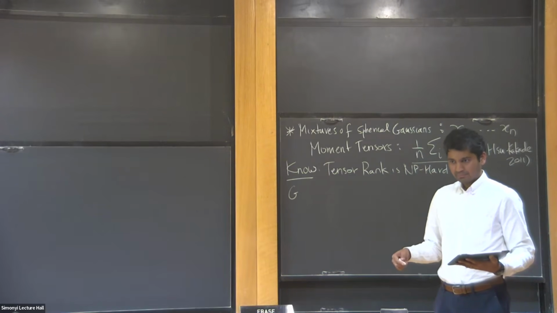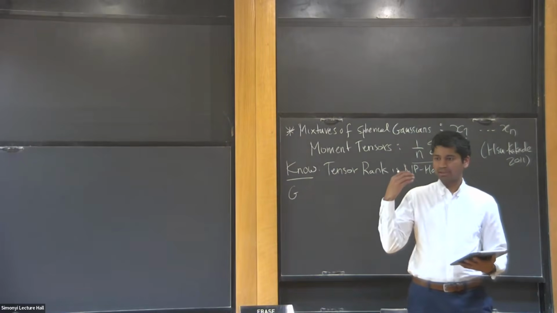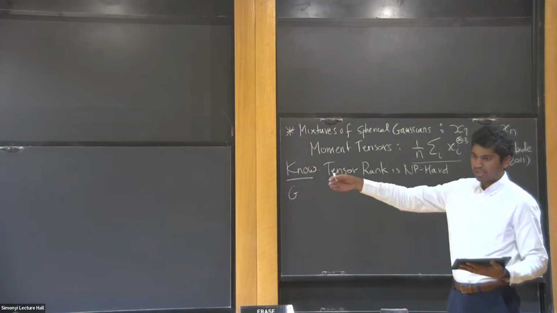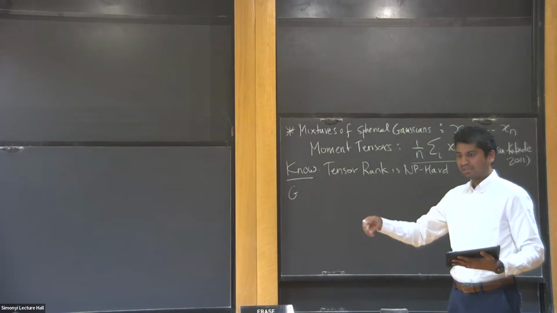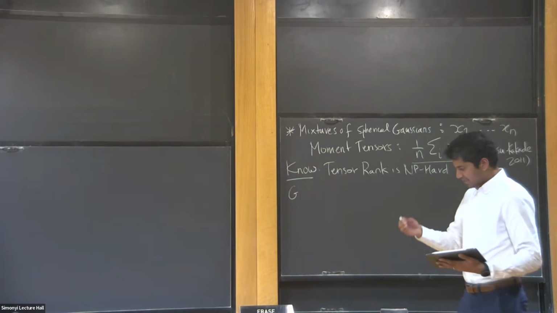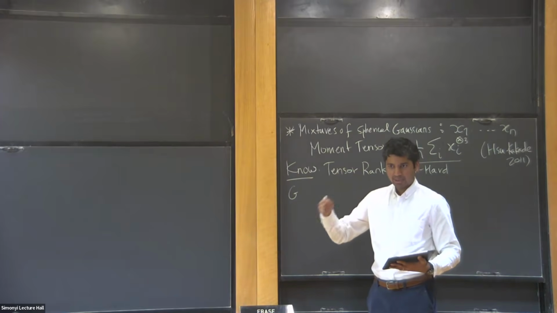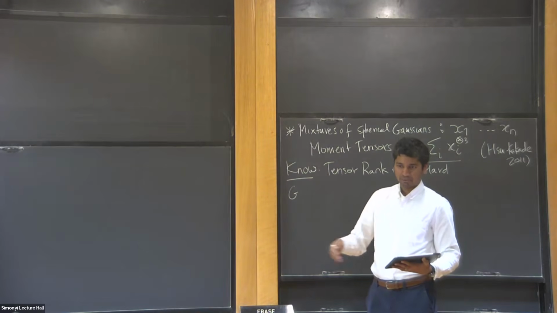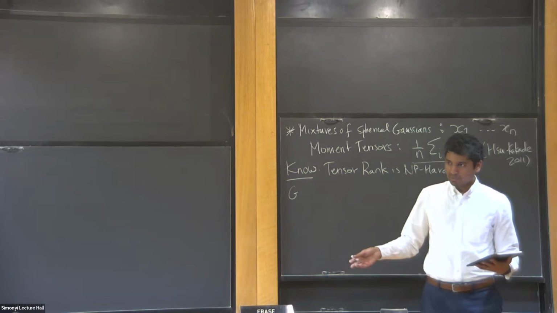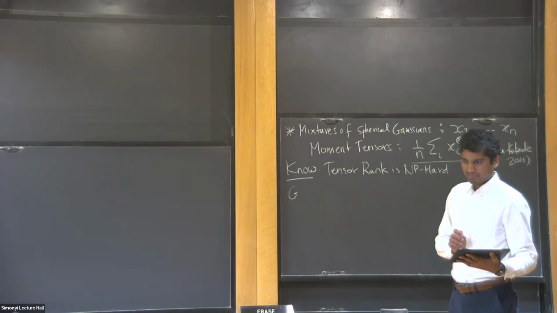Failures meaning the entries where you disagree with the decomposition? Let's say, you can think of it as even a decision problem. So think of tensor rank, and think of the input components of the tensor at which the algorithm correctly decides the rank, and where it incorrectly decides the rank. If the set of components where the algorithm fails to decide the rank correctly forms the zero set of some non-trivial polynomial, so a polynomial that should not be identically zero, then I'm going to call it a generically successful algorithm.